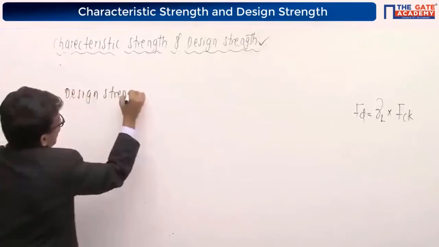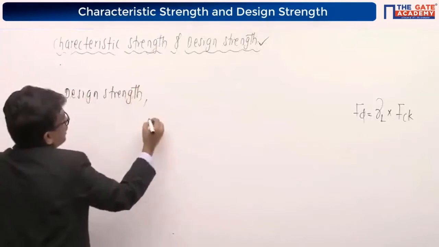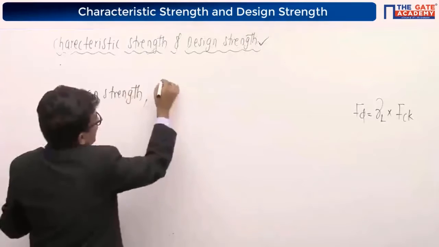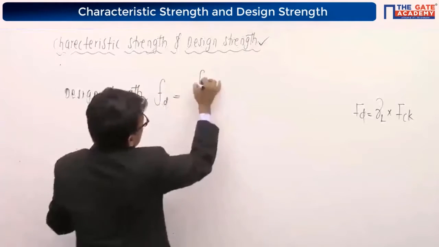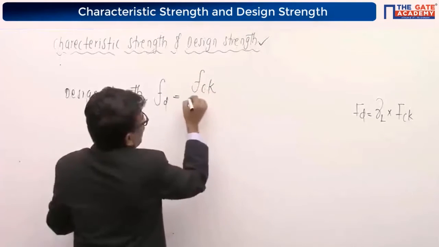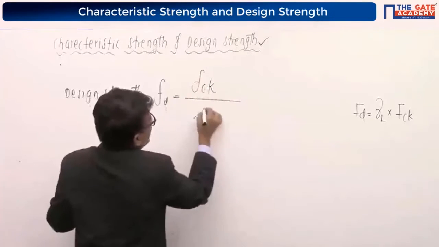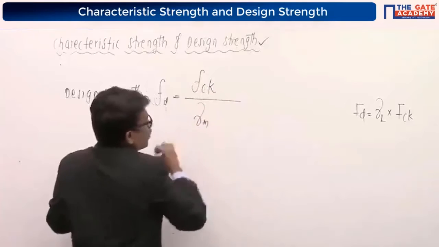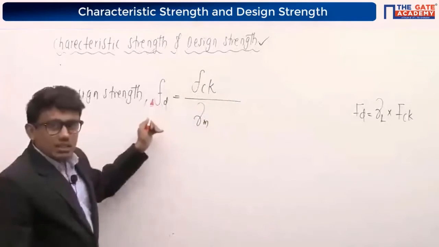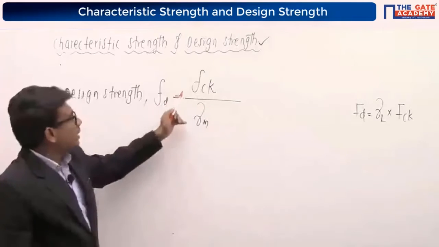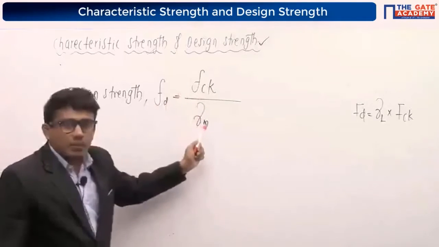Design strength of the concrete, which I am going to denote with small fd, is equal to the characteristic compressive strength of the concrete divided by the partial safety factor for material. That is, fd is equal to FCK divided by gamma m.